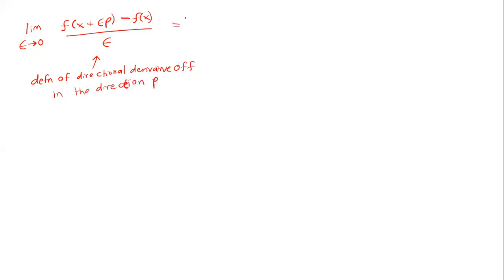Then I could also write this as the limit as epsilon goes to 0 of phi of epsilon minus phi of 0 over epsilon. This would be an equally valid way to write it given the way I just defined phi.